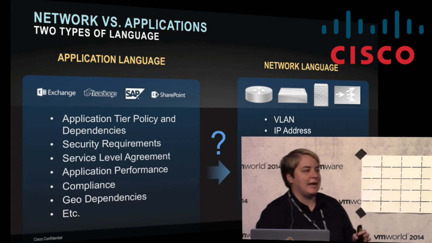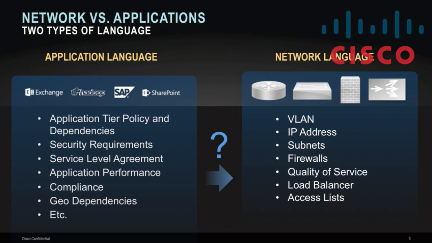So another problem that ACI solves, which the other SDN providers aren't really looking at, is the language barrier between the application teams and the network teams. An application team is talking about security requirements and performance, while the network team needs to know about VLANs, IP address schemas, where the firewall should go, things like that.